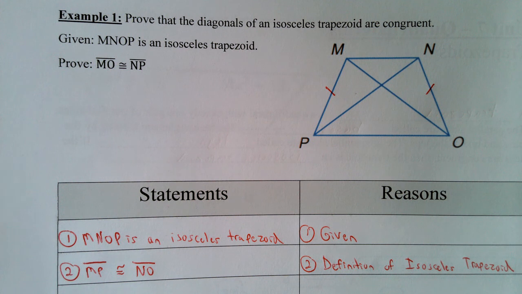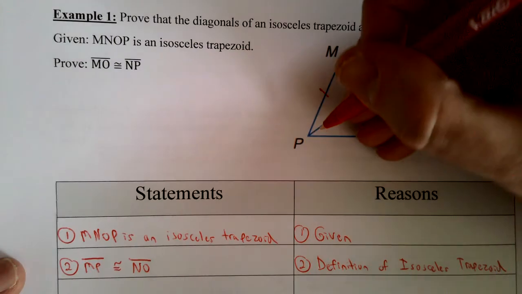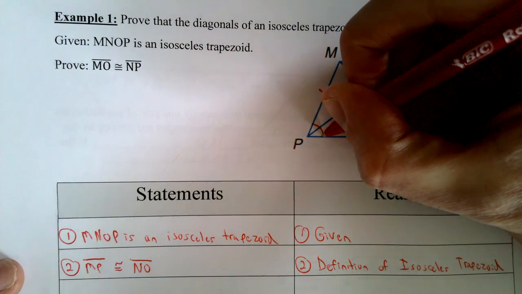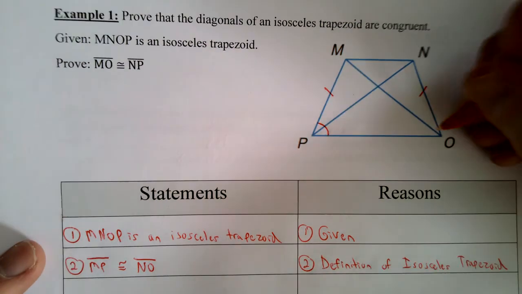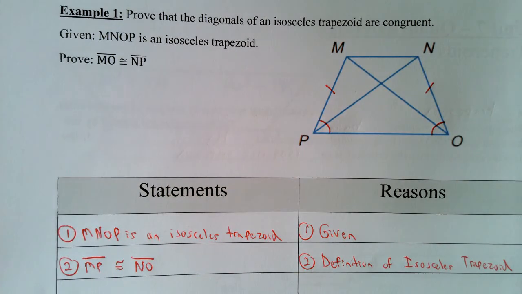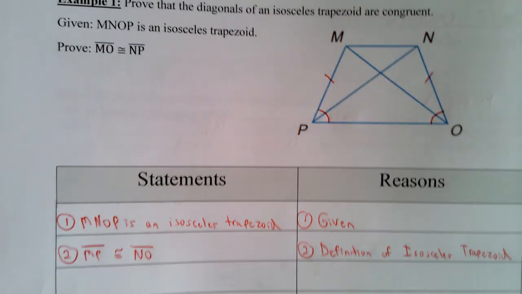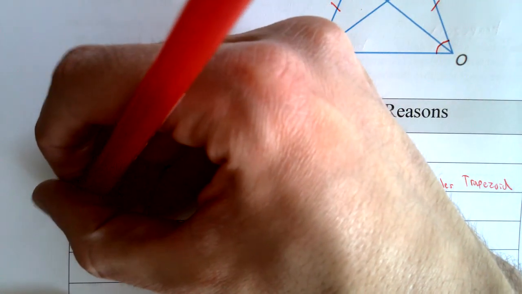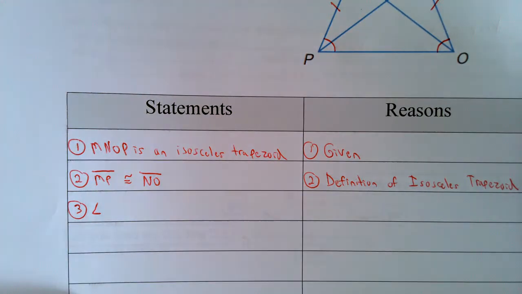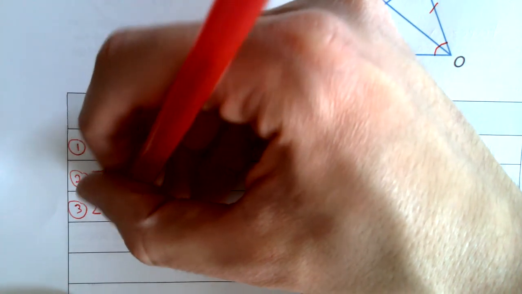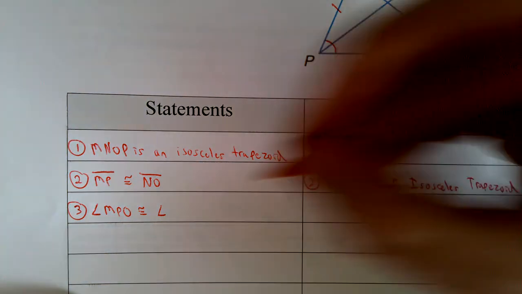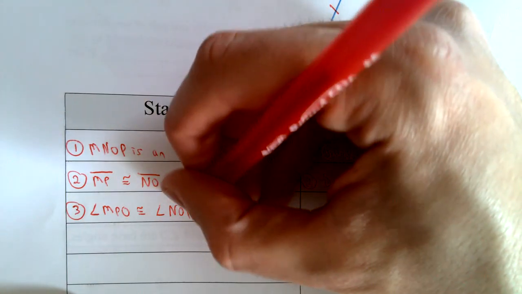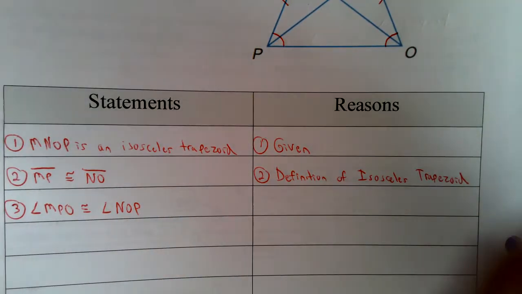So here's what I'm going to say next. I'm going to say that angle MPO is congruent to angle NOP, because the base angles in an isosceles trapezoid are congruent. I'm using three letters to avoid confusion.